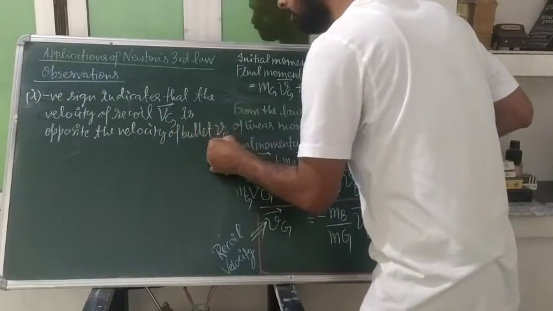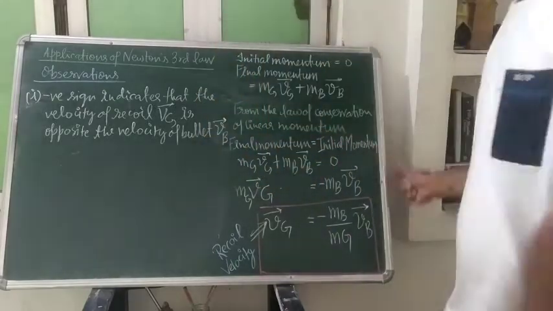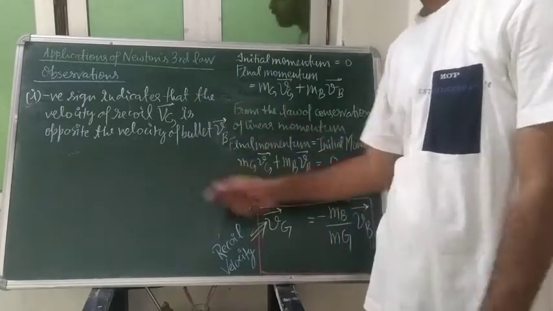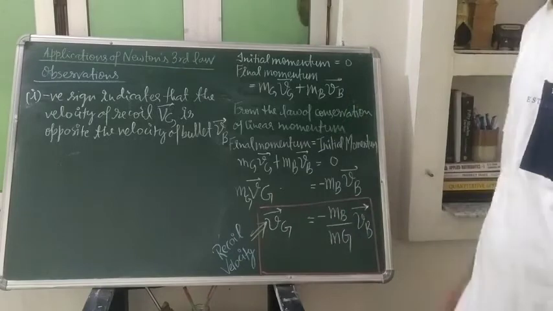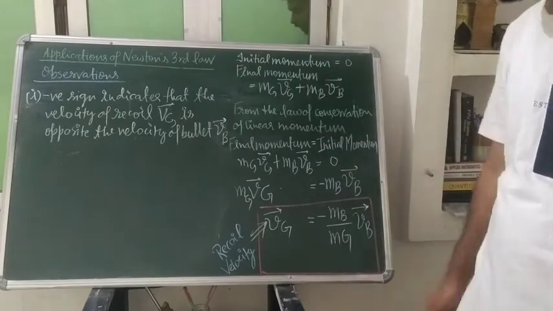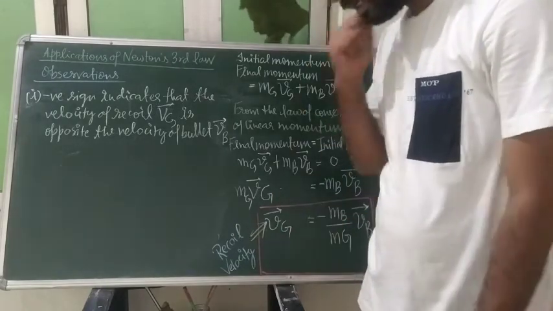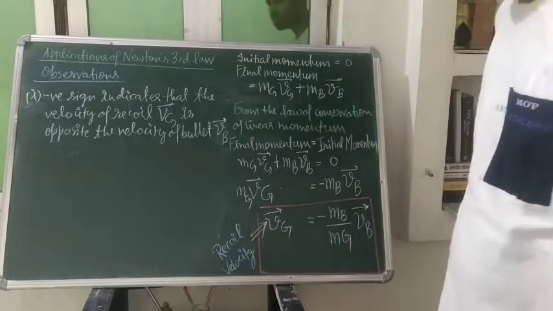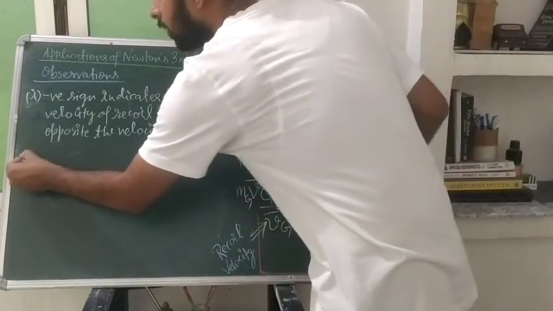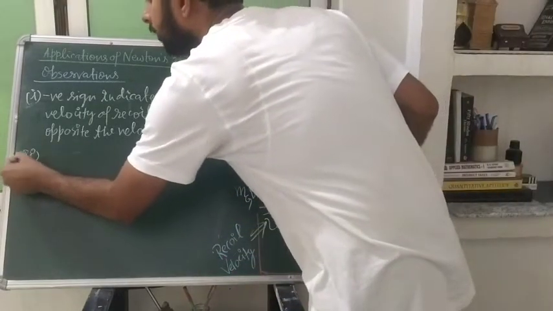V, capital V only. So whatever our recoil velocity will be, it will be in the direction opposite to the velocity of the bullet. This is the first observation we have seen, and the second observation, students, what can we see?